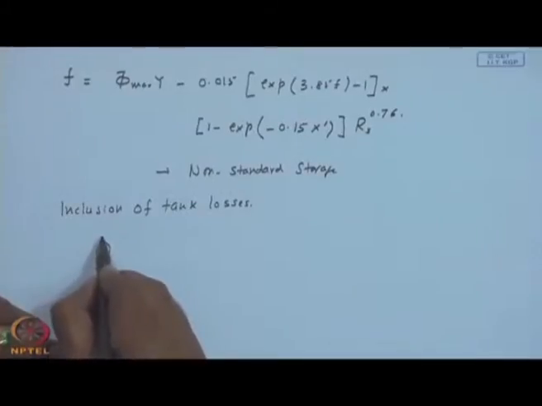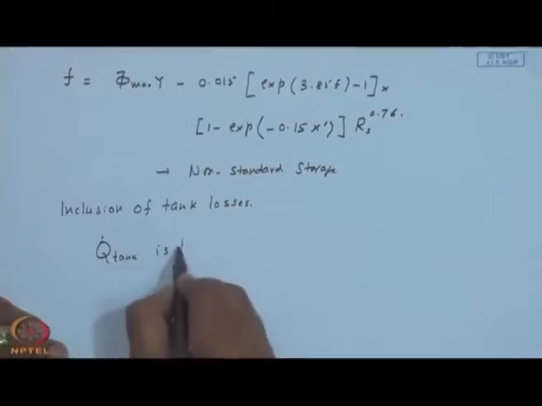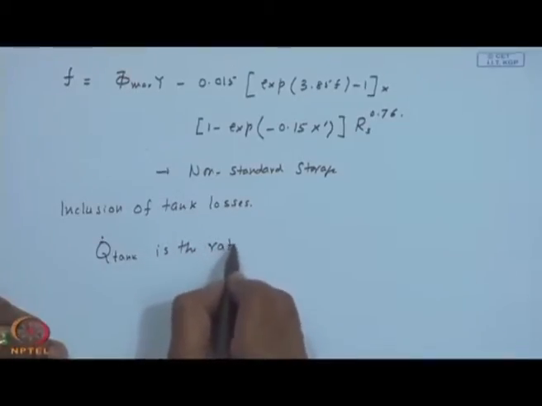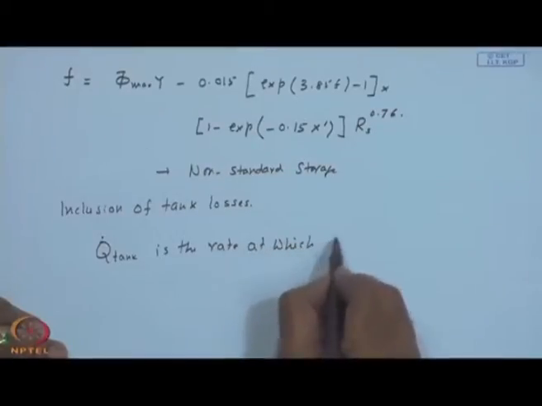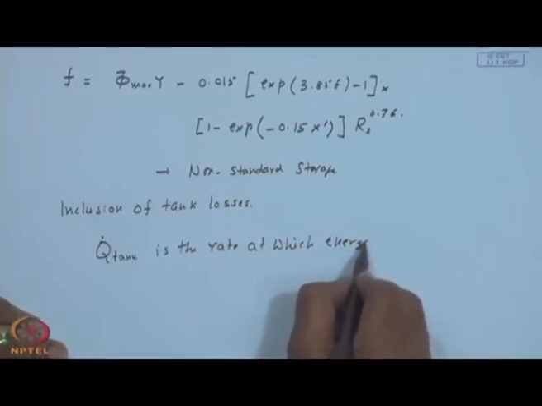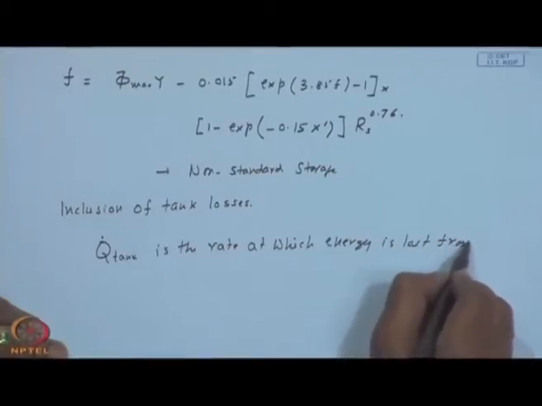Initially, we do not know what is the tank temperature. So, but let us say q dot tank is the rate at which energy is lost from the tank.